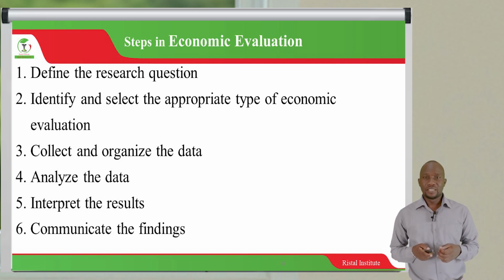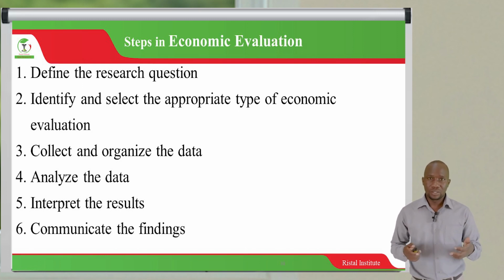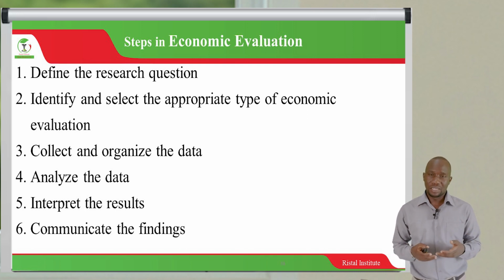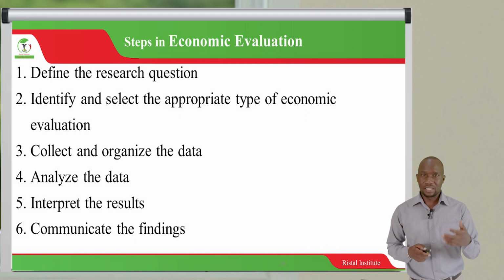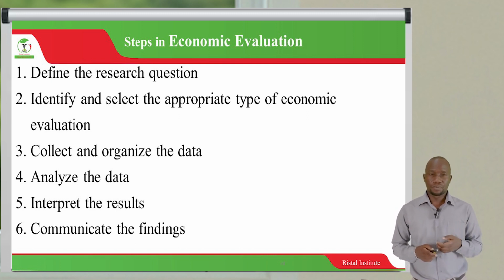Then you can go forward to collect the data that you want about the intervention, and then do an analysis of the data, and then interpret the results, come up with the final report, and then communicate the findings to the relevant stakeholders for a decision to be taken whether to engage in the health program or not.